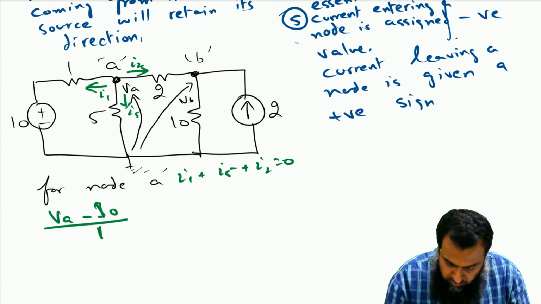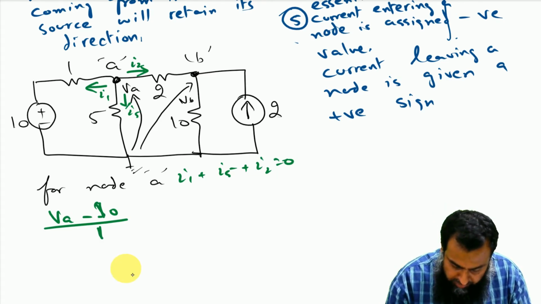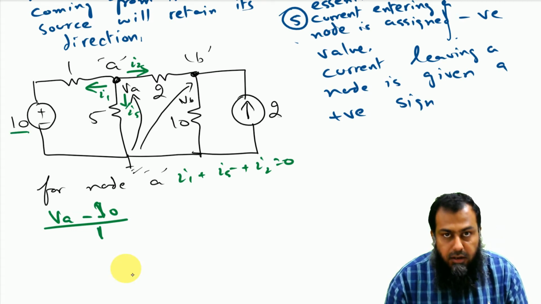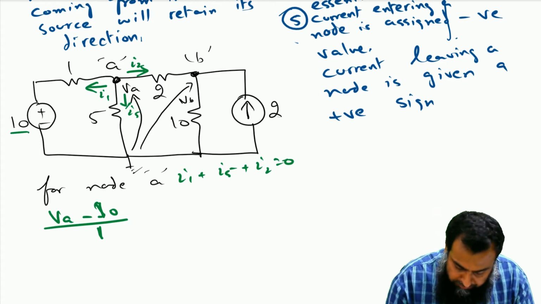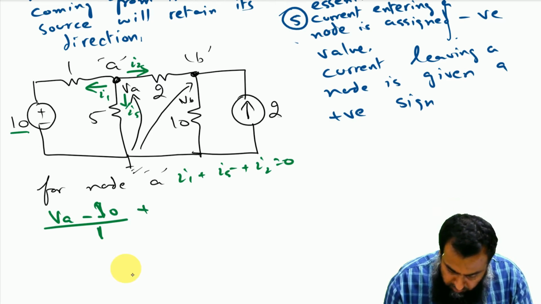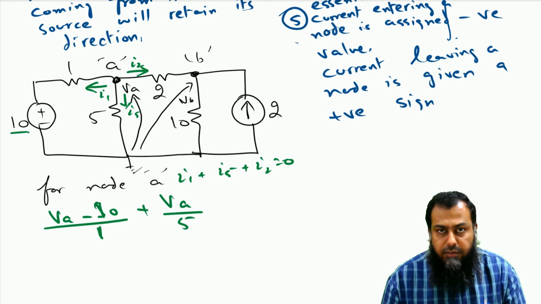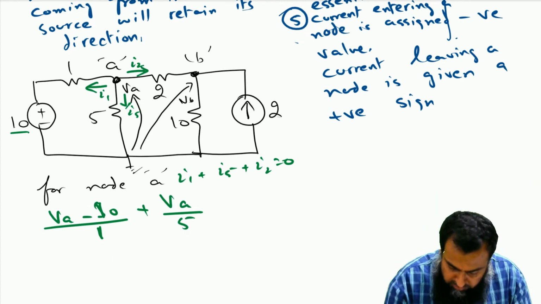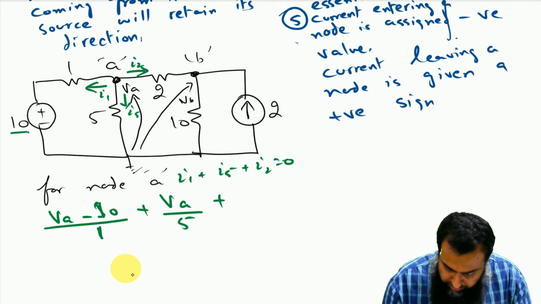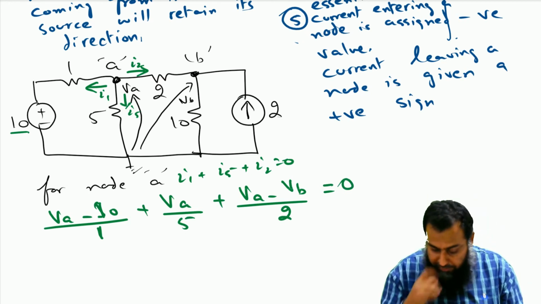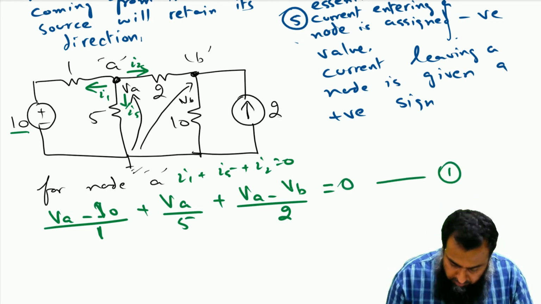So I1 equals VA minus the voltage of 10 volt divided by the resistance of 1 ohm. Second, I5 equals VA over 5, because the second terminal is connected at ground, which has 0 volt. And for I2, we write VA minus VB divided by 2. The sum is equal to 0. So this is the equation for node A.